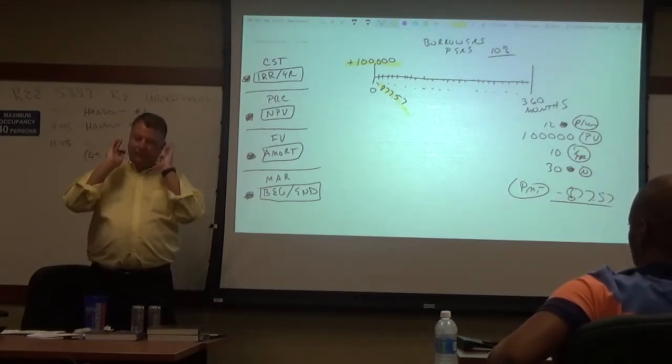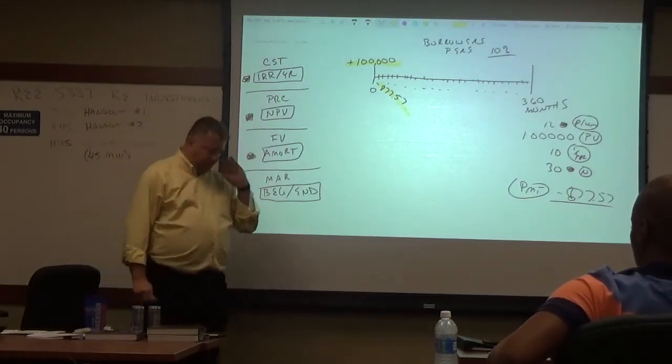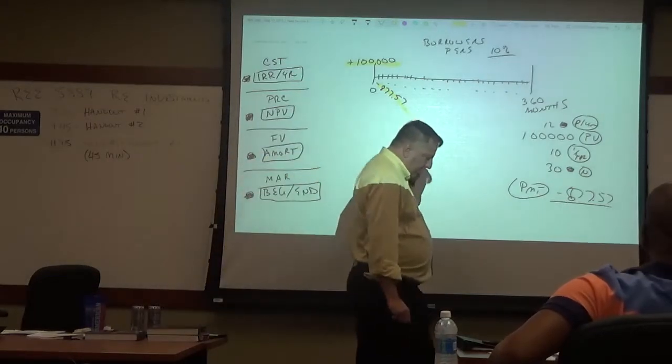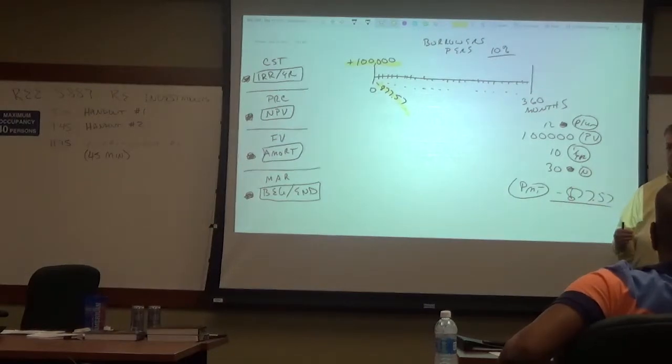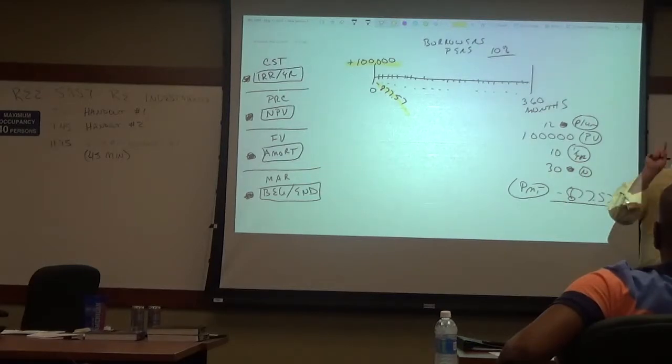Well, it is if you listen to the whole explanation. The assumption that we make as a general rule for all payments that are made or received is they typically occur at the end of the period, meaning end of the month, end of the year.